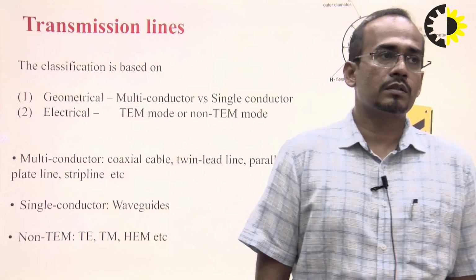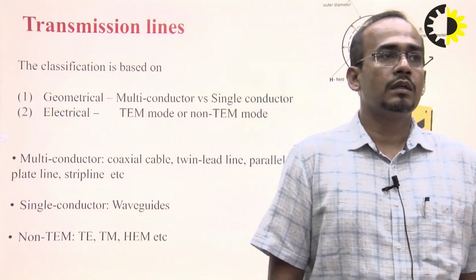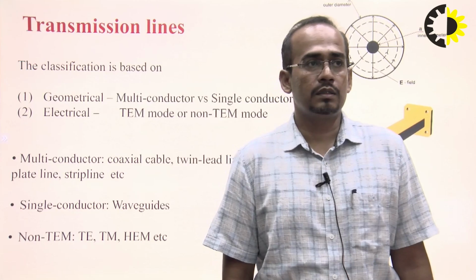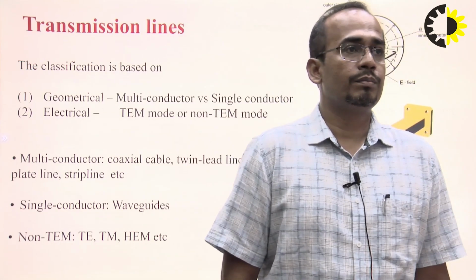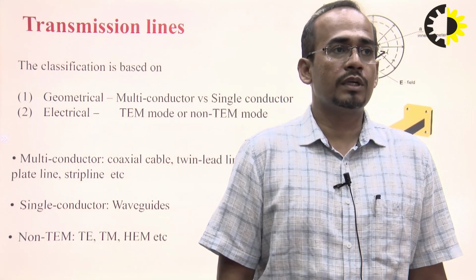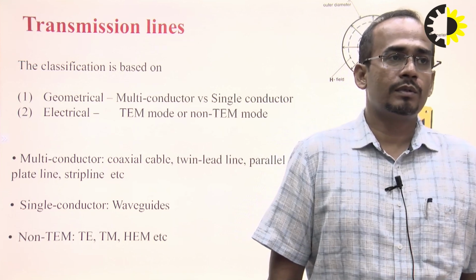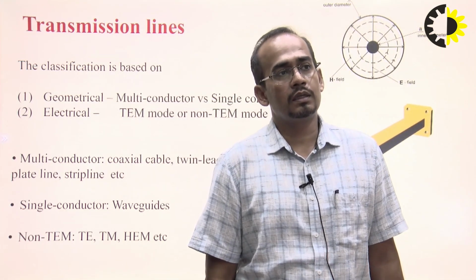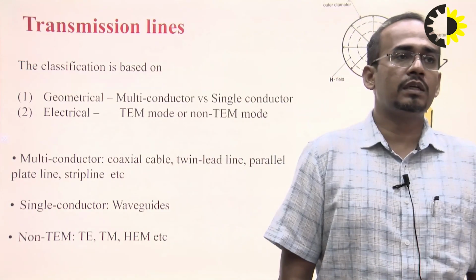First of all, what is a transmission line and how is it classified? Basically, the transmission line is classified in two parts, geometrical and electrical. In geometrical, multi-conductor versus single conductor, and in electrical, TEM mode or non-TEM mode.